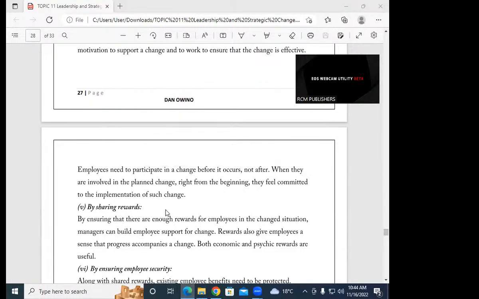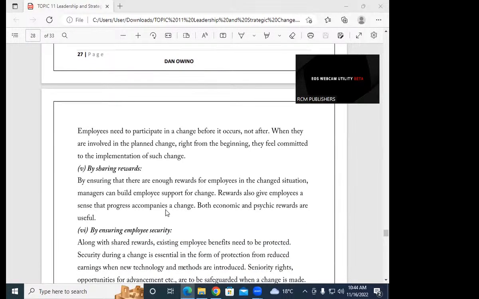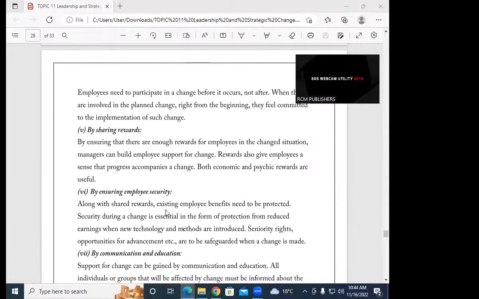Another one is by sharing rewards. People can be rewarded for a certain achievement they make. Then next, by ensuring employee security. People must be told that the change is not going to affect them. Their jobs are still safe. In that case, they can be committed to embrace the new changes.